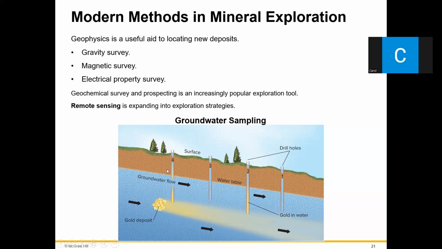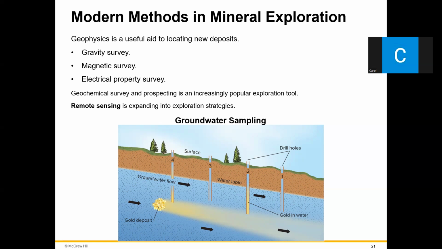There are other geophysical methods used, like gravity, magnetic surveys, electrical property surveys, that we can run over the surface and pick up differences in, like, gravity. Some minerals are more dense or less dense than others, such as your average continental crustal rock, and we can tell that there's something there.